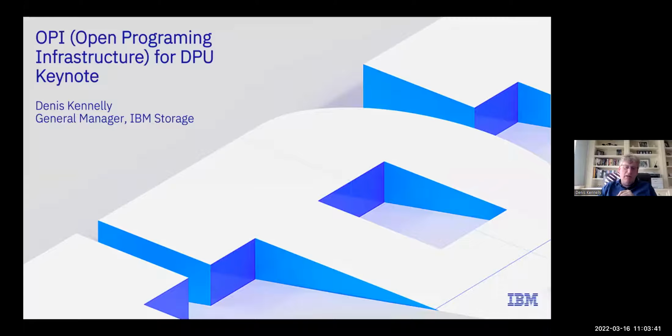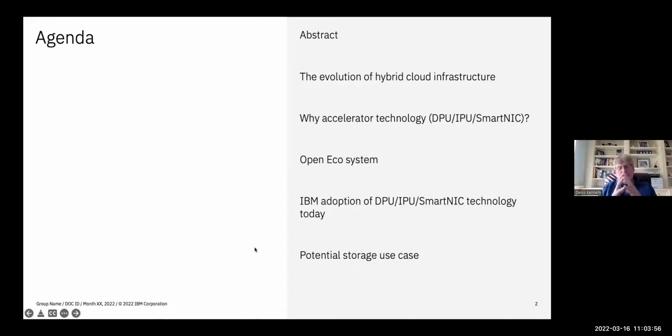As we looked at the need for open interfaces for DPUs, I really wanted us to take a step back and think about some of the business drivers around this capability, and really talk about how we look at it within IBM. We talk a lot about the hybrid cloud and the hybrid cloud journey, and really build a case for that: what role accelerators, both DPUs and SmartNICs, have in that, and where we see those playing a critical role as we build out that platform, not across IBM and Red Hat, but across the industry.